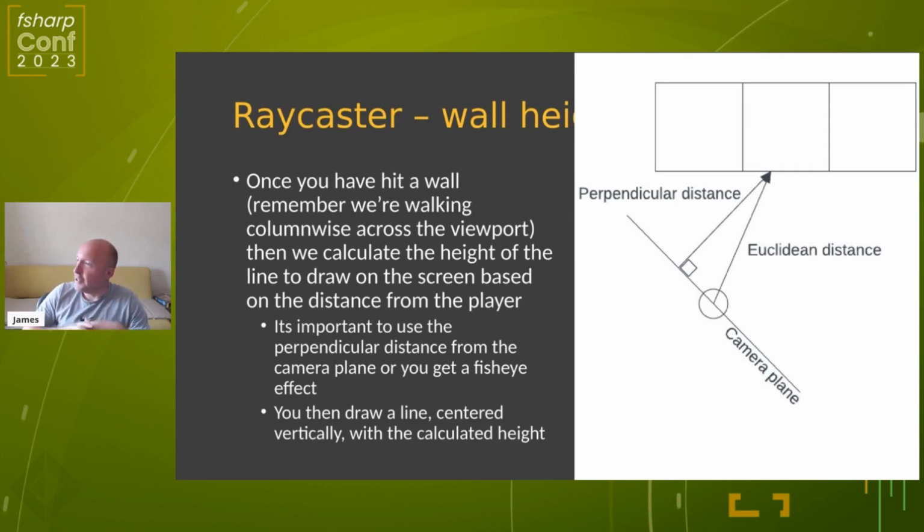I'm not really a mathematician, so I don't really use terms like that. But the direct distance from the player to the wall, you could use that. The problem with that is you get a fisheye effect, which is almost certainly the problem I had in '92. What you actually need to use is the perpendicular distance from the camera plane. So you calculate that distance, and that gives you the nice perspective, flat view that you expect to see.